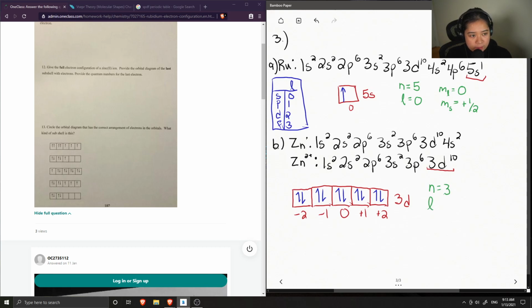Our L value, according to the table that I wrote out, will be equal to 2. And then for the last electron, our ML would be equal to positive 2. So we're talking about this electron right here. And since it is spinning down, our MS value would be negative half.